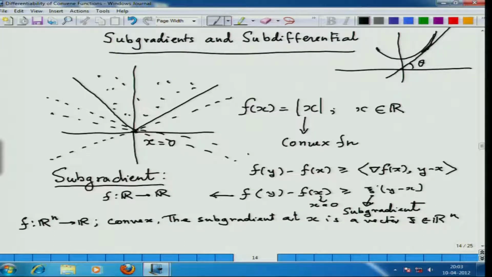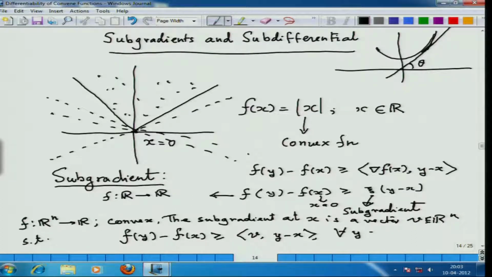Do not confuse this with xi in R. If you are confused, I would rub it off and give it a new name. Instead of xi, I call it any v, an element of Rn, such that f(y) minus f(x) is greater than or equal to v times (y minus x), and this should be true for all y in Rn.